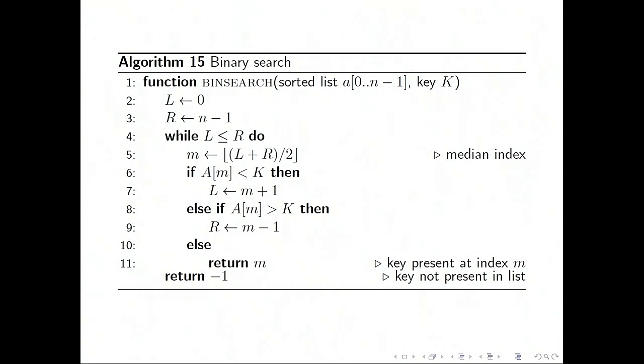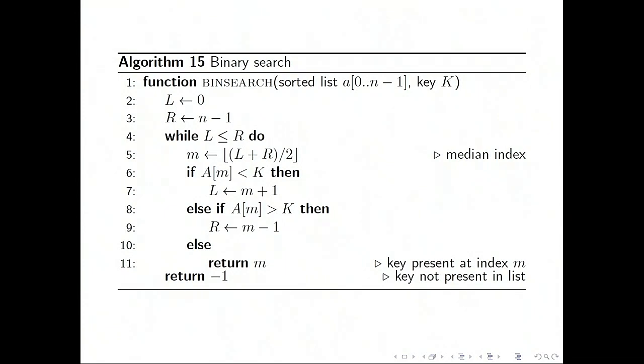If it's smaller than what we want, then we certainly haven't found it, and we know that it must lie to the right because of the sortedness of the list. Otherwise, if the element at M is too big, we can push the right pointer down to deal with the left sublist only. And the other case is if A of M is equal to K, in which case we found it, and we'll just return M.